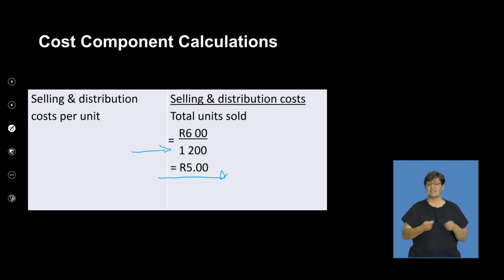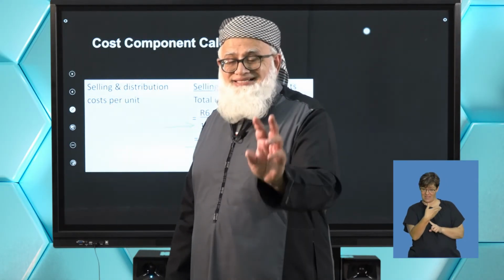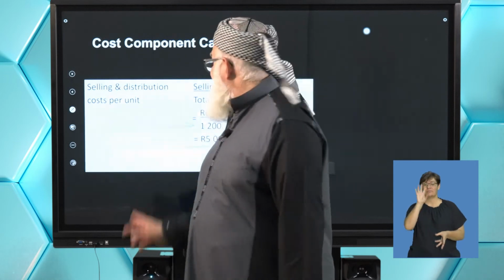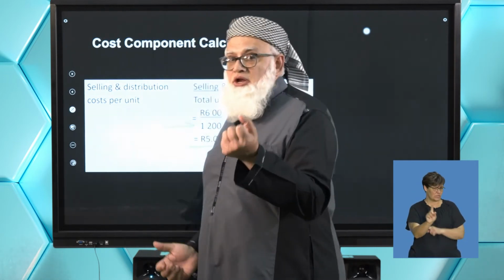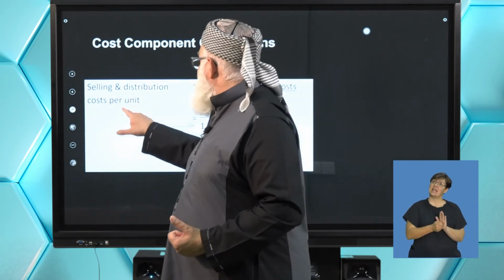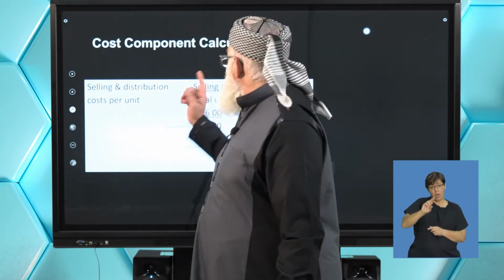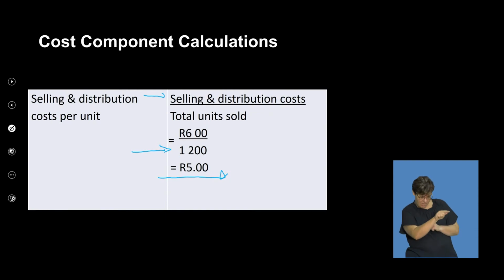That means the selling and distribution cost per unit amounted to 5 Rand. What is important for you to note is that if they're asking for selling and distribution cost per unit, you immediately find your selling and distribution cost divided by the total number of units that was sold, and that will give you your selling and distribution cost per unit.